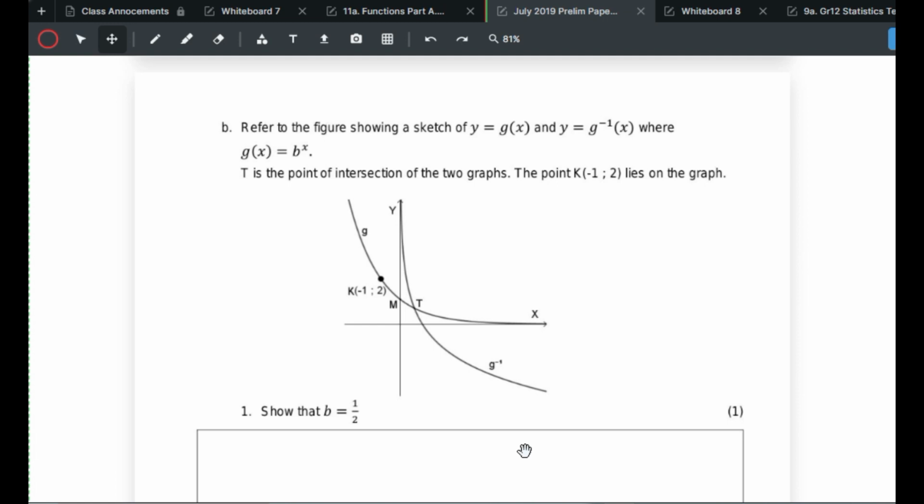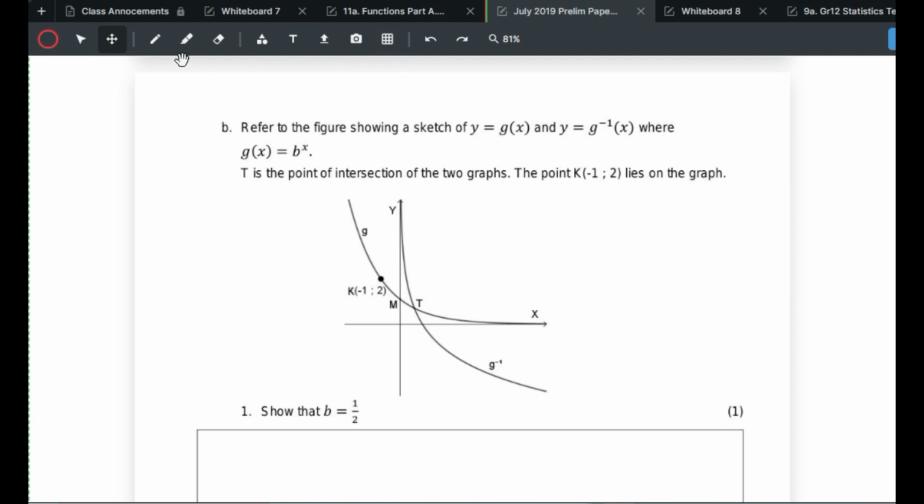Now T is the point of intersection of the two graphs, and the point K, negative 1 and 2, lies on the graph. Then they said show that b is equal to half. So we need to show in this question that b is equal to half.